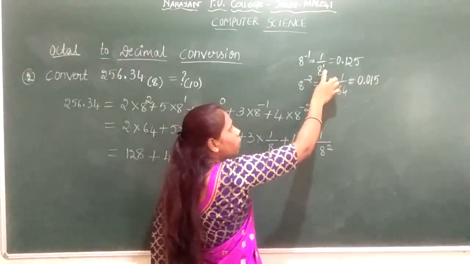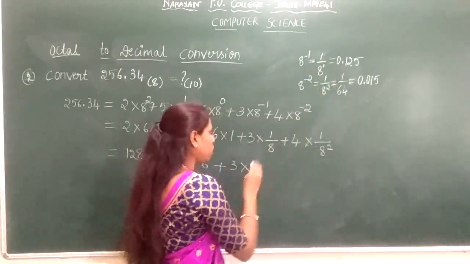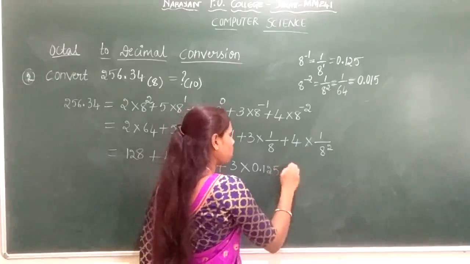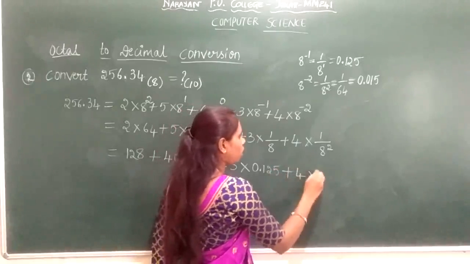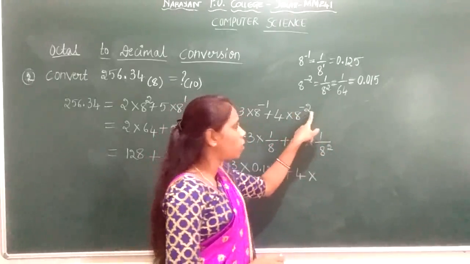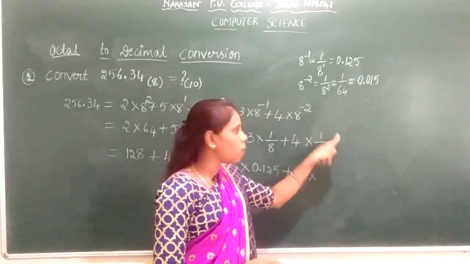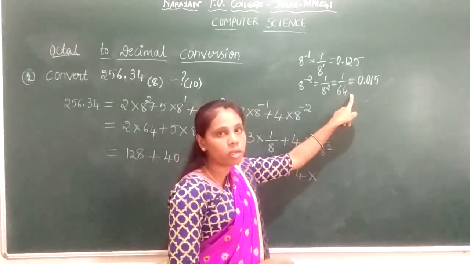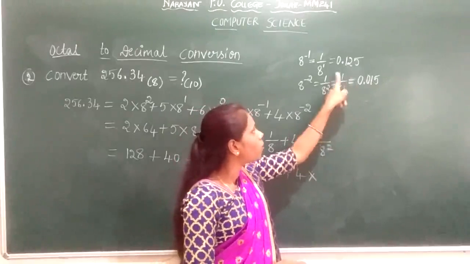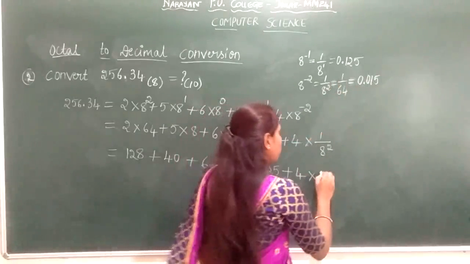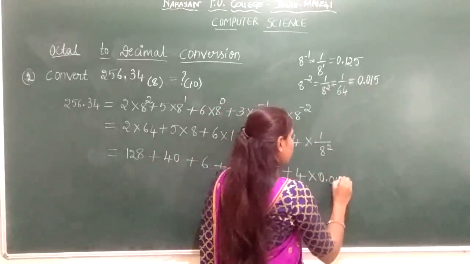Now the value of 1 by 8 is 0.125. Plus 4 into 1 divided by 8 power 2, that is 1 divided by 64. The value of 1 divided by 8 power 2 is 0.015.